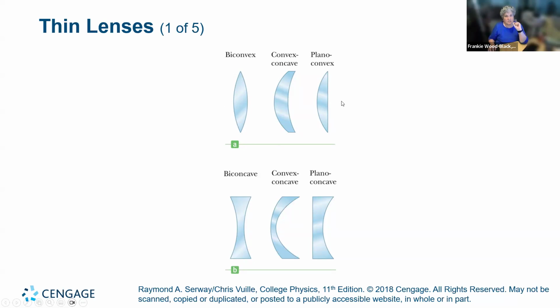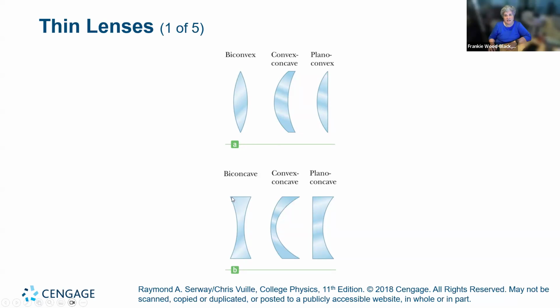One of the characteristics of a converging lens is that the middle is fatter than the ends. That's one way you're going to be able to tell which one is a converging lens, because my middle is fatter than the ends.